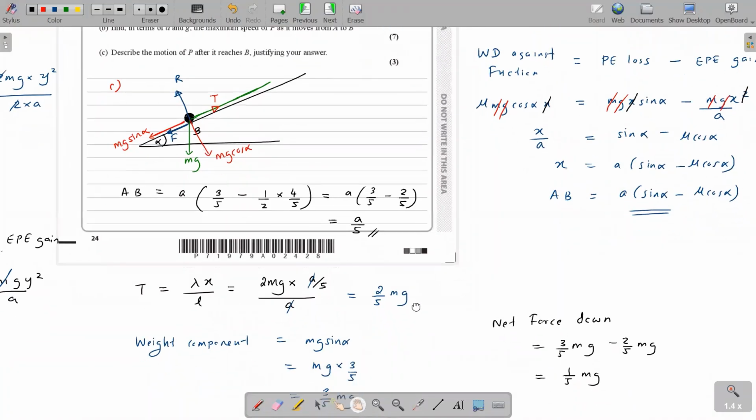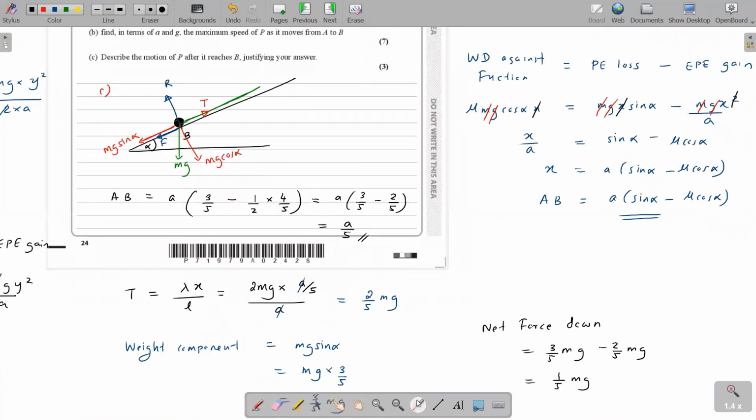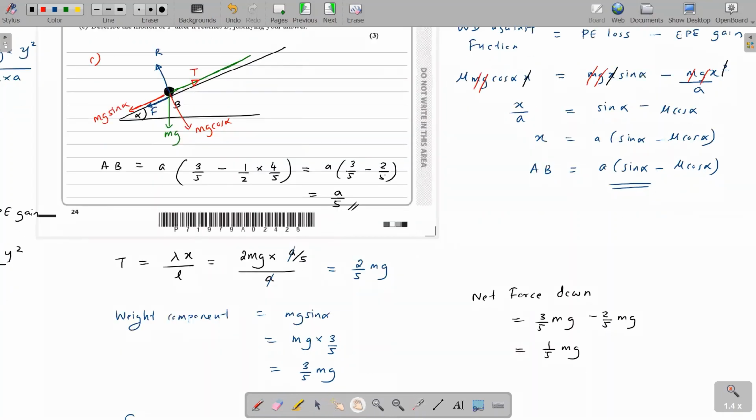The thing you need to realize is you have a net force downwards. The mg sine alpha is higher than the tension, right? We were thinking that it came down here and stopped and would try to go up, but actually mg sine alpha is higher. 3/5 mg is higher than 2/5 mg.